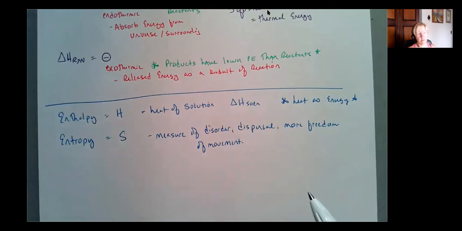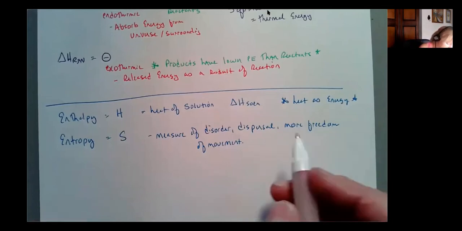And by forming a solution, think about a solid. If I take a solid and I drop it into water, whether it's a covalent compound or an ionic compound, what's going to happen is those molecules that are in that solid are going to move apart, and now they're going to be able to flow with the water. And so by forming a solution, I'm increasing the entropy.